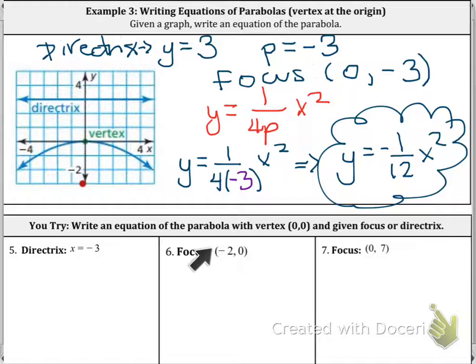So you would use the other equation, which is x equals 1/4p y squared instead. Okay? And when you have it in the y value, then you use y equals 1 over 4p x squared. So try these out, and answers will be posted later.